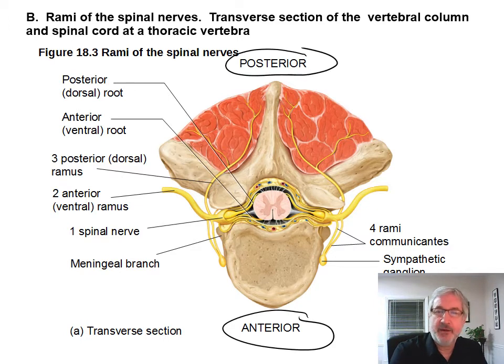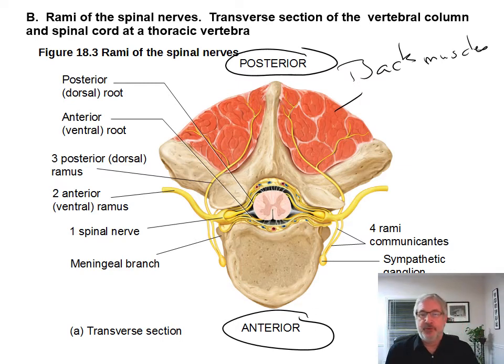So this is your back, and those are your back muscles. There's a little bit of muscle between the spinous process and transverse processes of the vertebrae. And you see the yellow is all the nerves. So you have some nerves, these yellow branches back here.